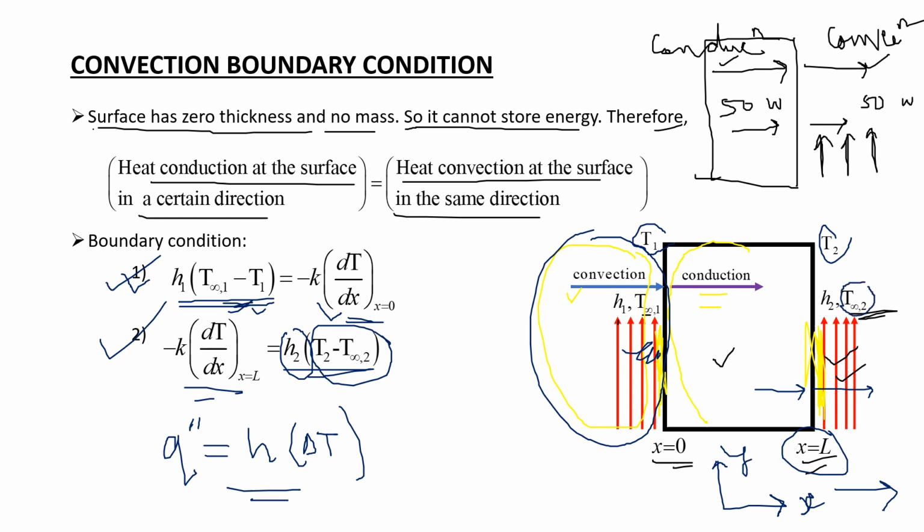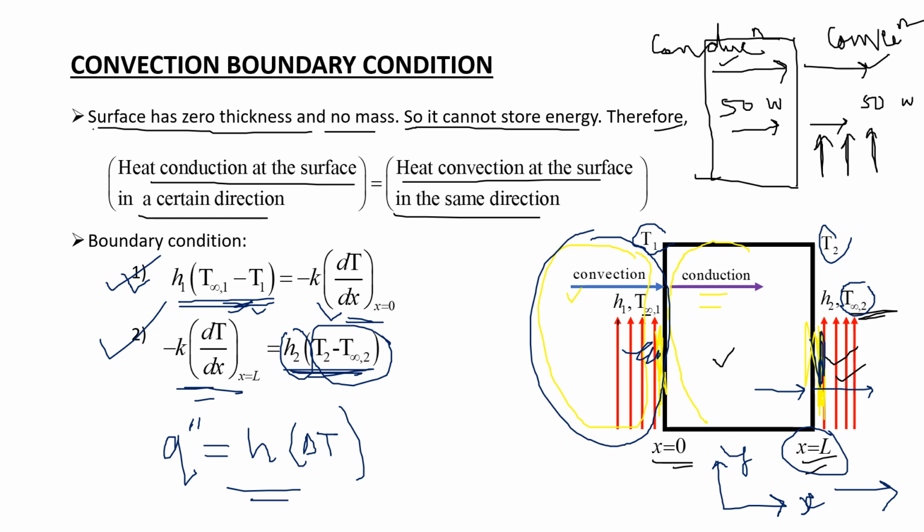The heat transfer coefficient here is H2, so the flux due to convection is H2 into delta T, where delta T is T2 minus T infinity 2. So the flux due to convection is H2 (T2 minus T infinity 2).